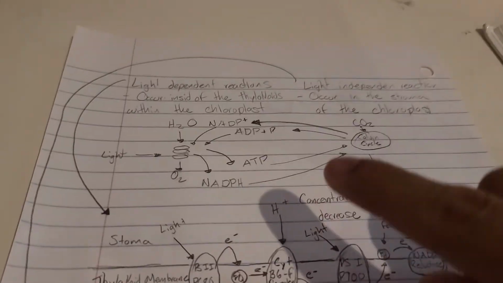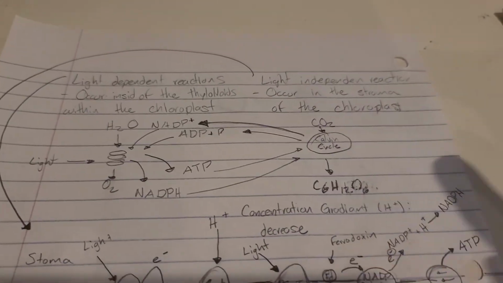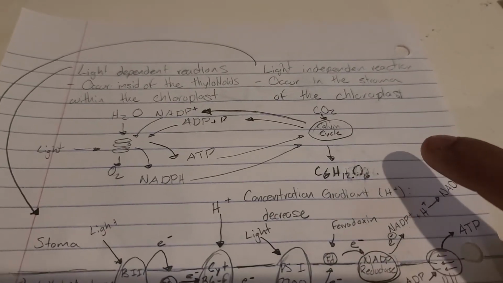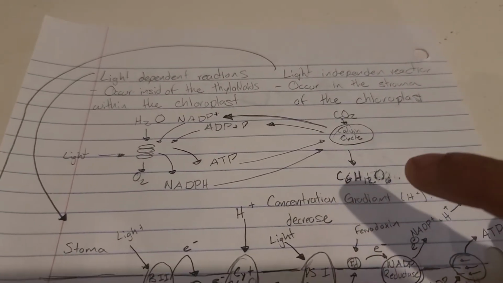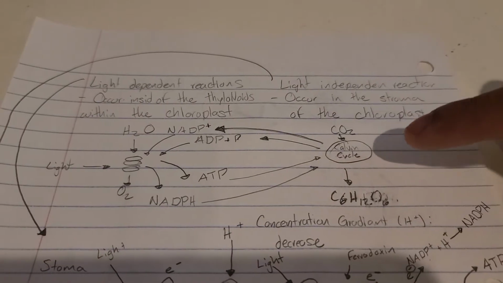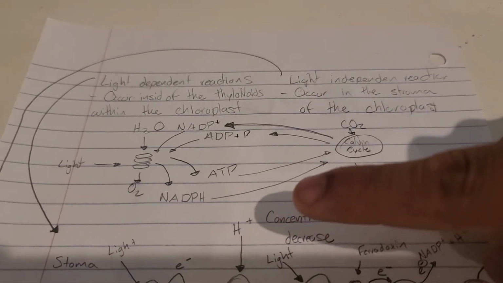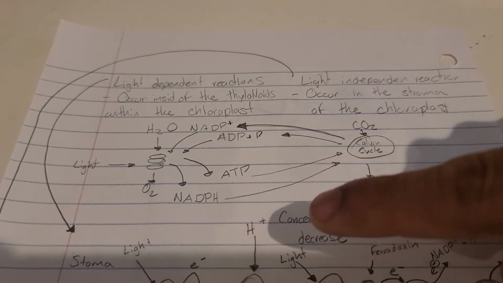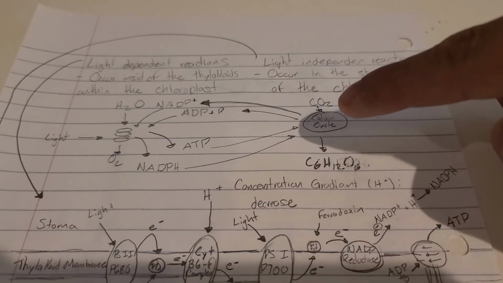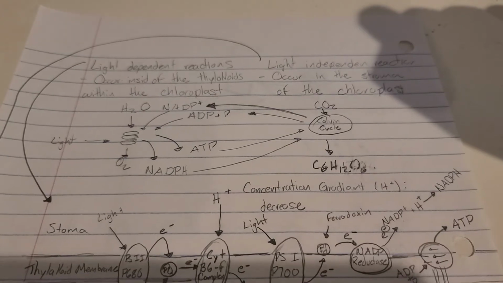With these products, the chloroplast is able to do the Calvin cycle. It's powered by the ATP and NADPH and CO2 to produce glucose.